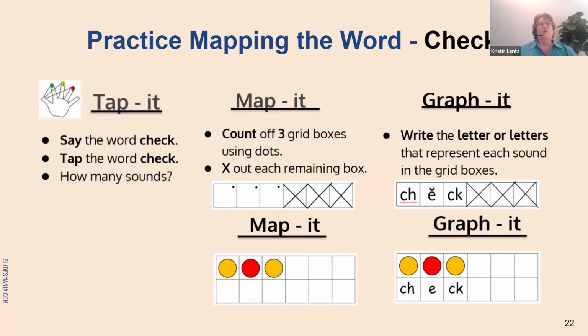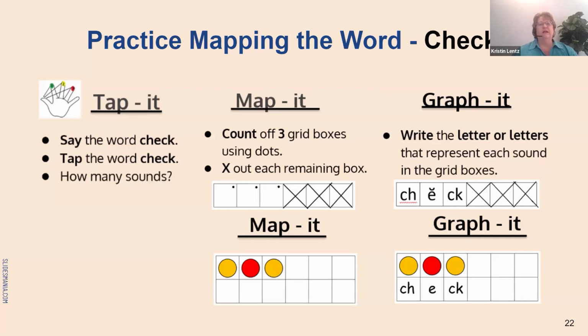I would say that once students are pretty secure in their understanding, they're demonstrating that you're not having to give a lot of corrective feedback on how they're mapping the words, then you may be able to just give them boxes.